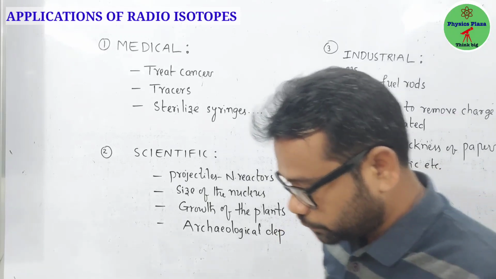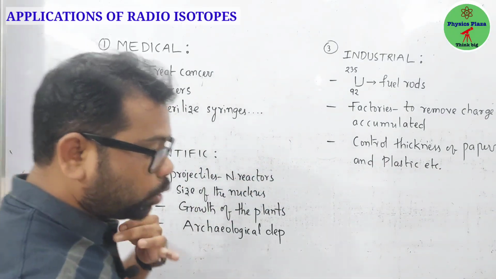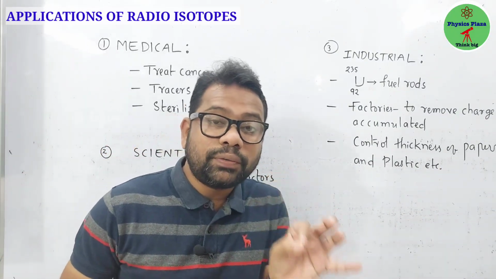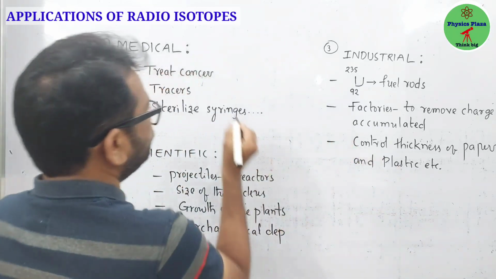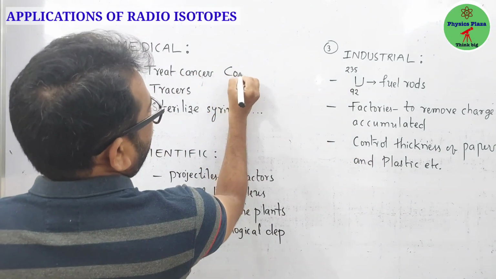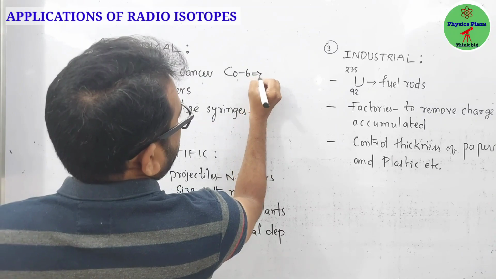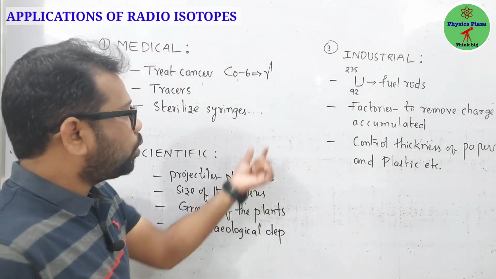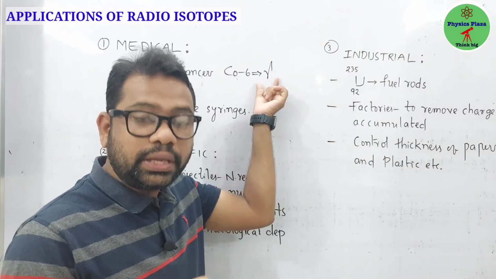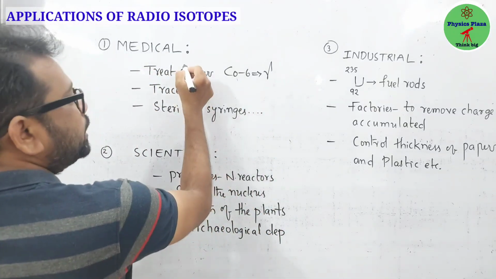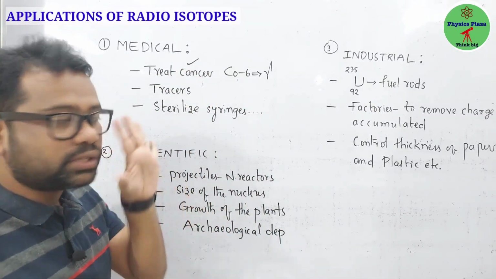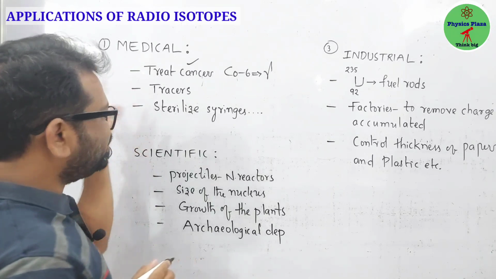Come to the medical field, children. We know that cobalt 60 is a powerful source of gamma radiation. The gamma radiation which is emitted is used to treat cancer. It's very important. Now, children, tracers.